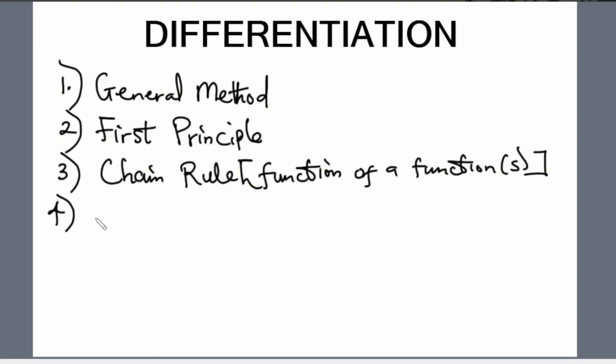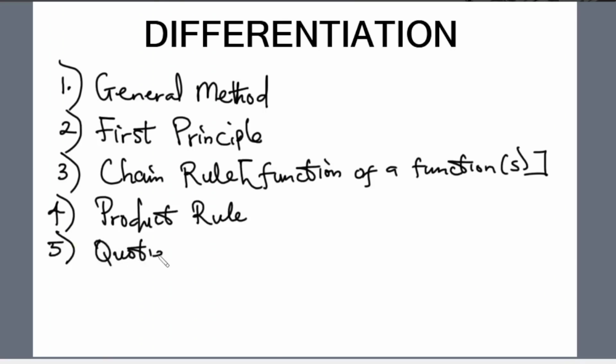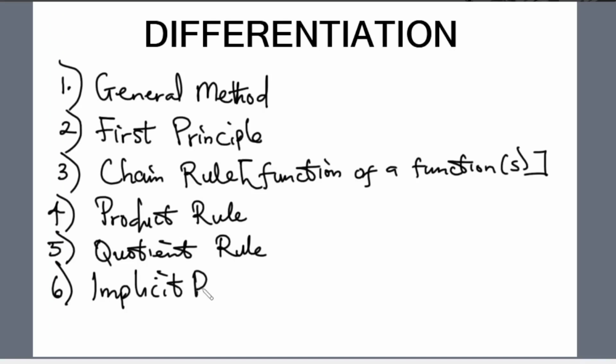The fourth method of differentiation is the product rule, while the fifth is the quotient rule. The sixth method is the implicit rule. But for this class, we will be focusing on the general method alone.